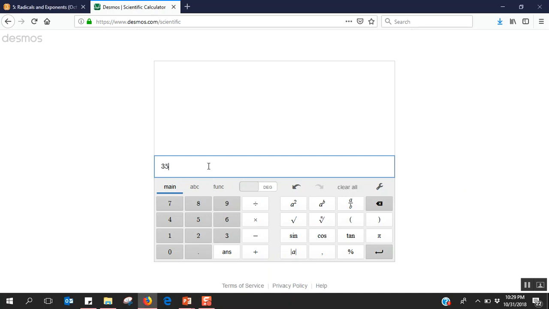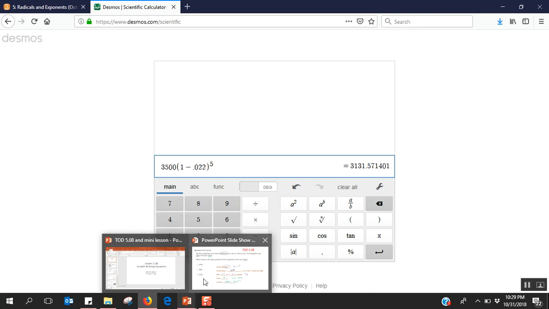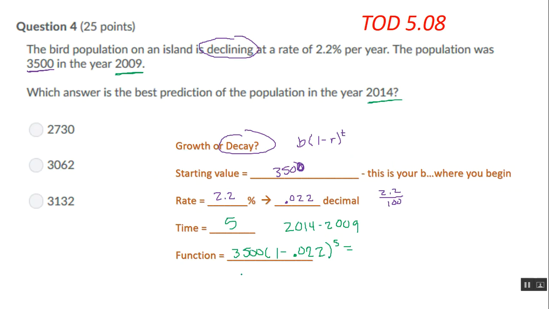So for this function, I do 3,500, parentheses 1 minus 0.022, close my parentheses, and I hit the A to the B button to get the exponent. And I'm going to type in 5, and I get my answer. And I'm going to round this because I can't have part of a bird.